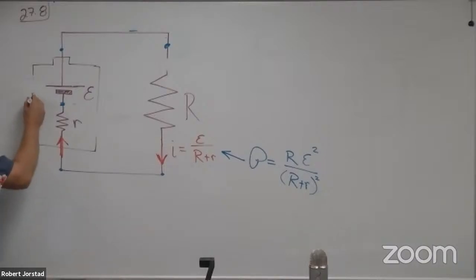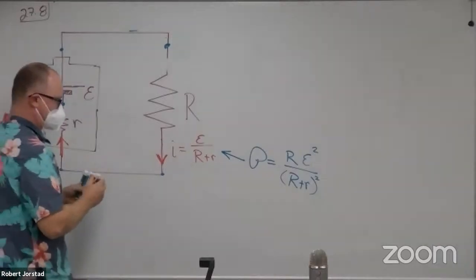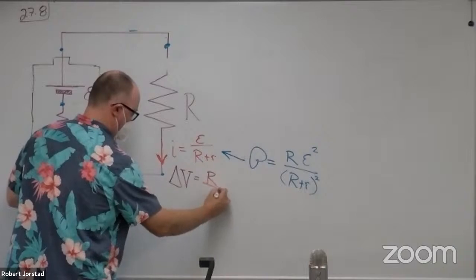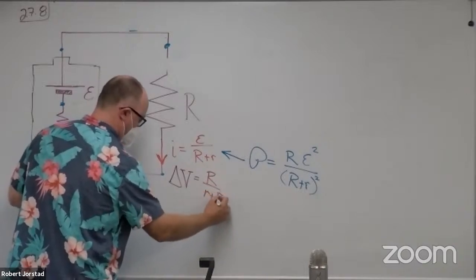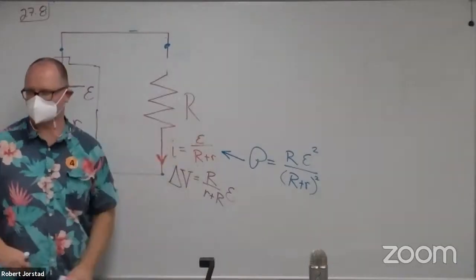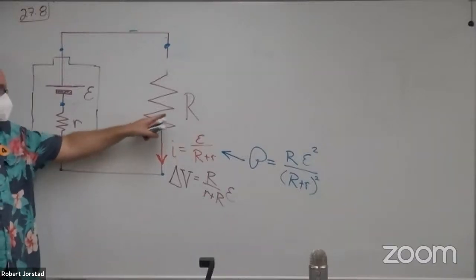We know the current through this thing. And I guess I could stick the voltage back up. We knew the voltage over here was something like capital R over R plus big R times E. And we use that to figure out the power through this resistor, just like we did in all those circuits before. My question now is, I want to maximize the power delivered to this resistor.